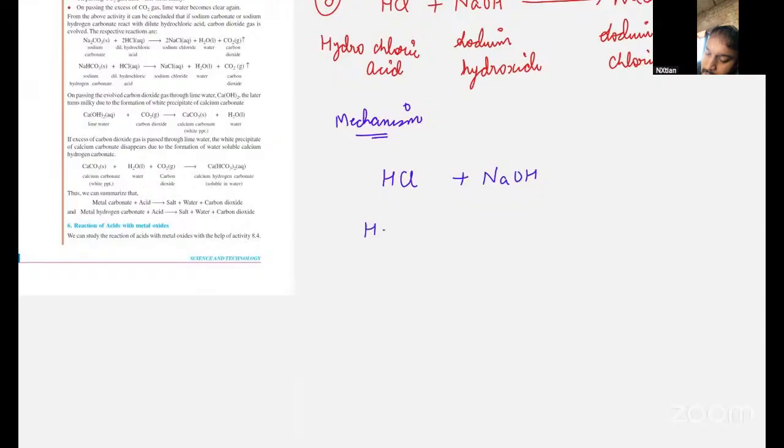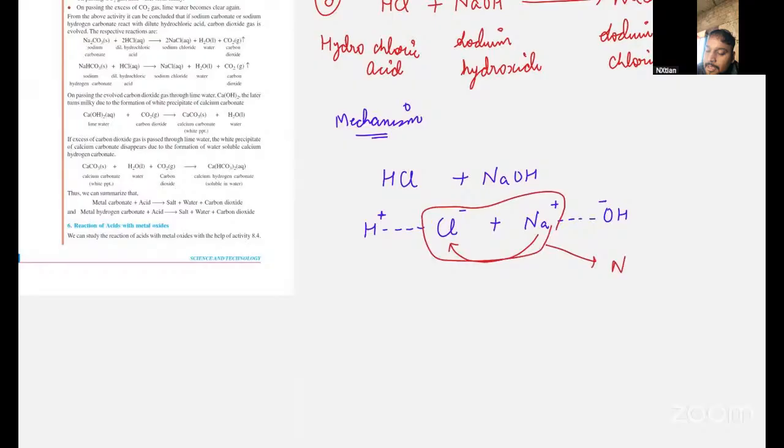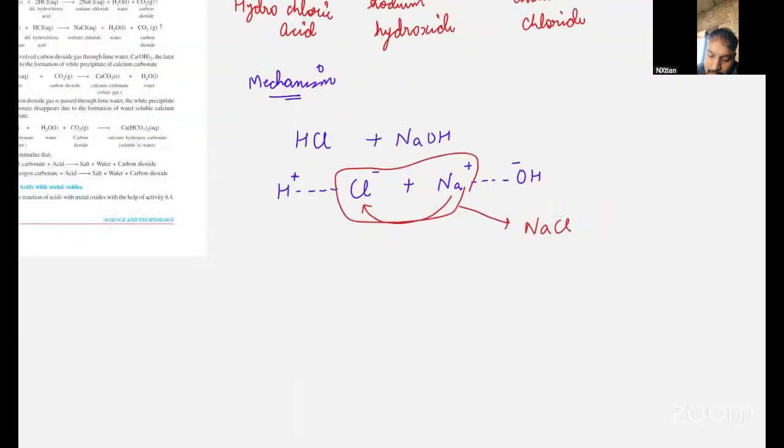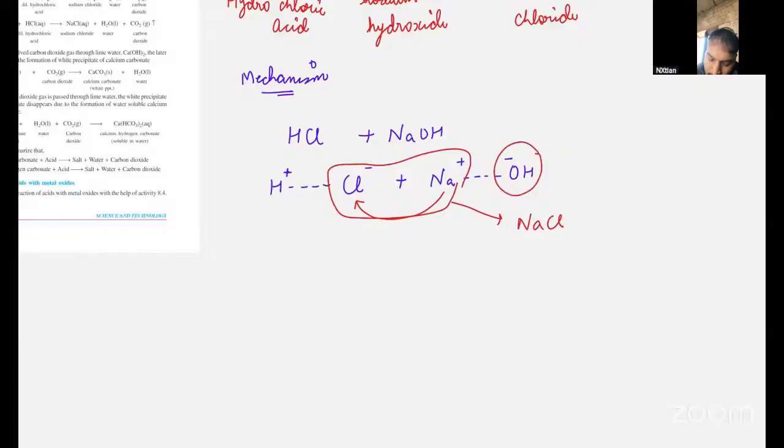This H and Cl will break their bond, and Na and OH will also break their bond. Now this Na plus will join with Cl, forming NaCl. And in the same way, this OH will make a bond with this H.